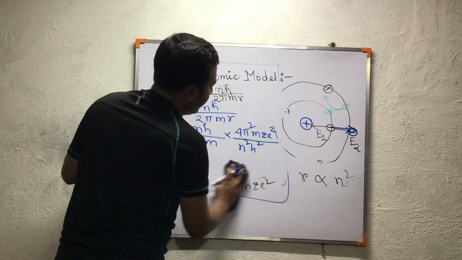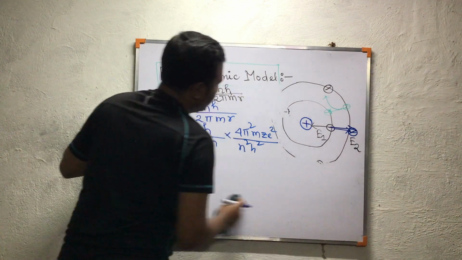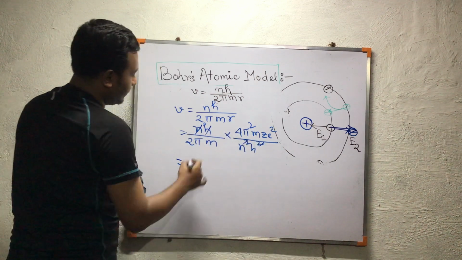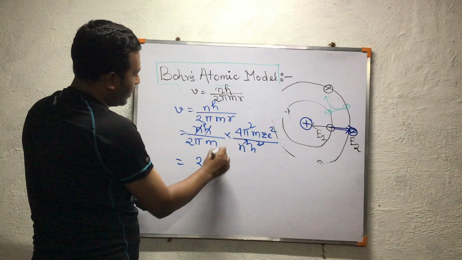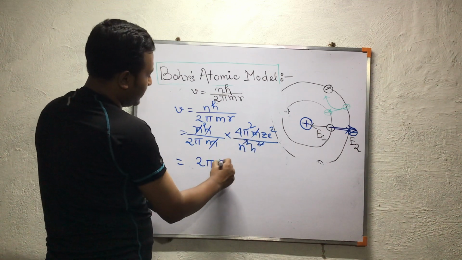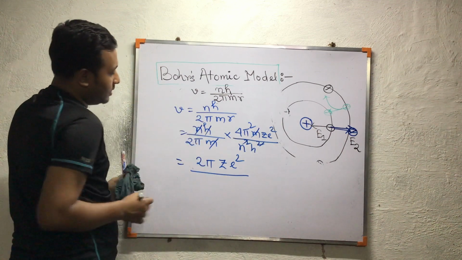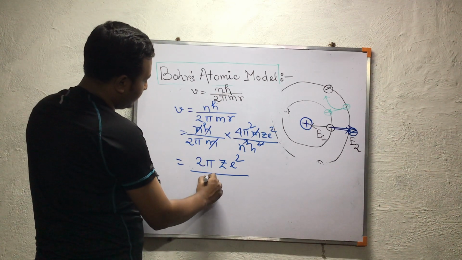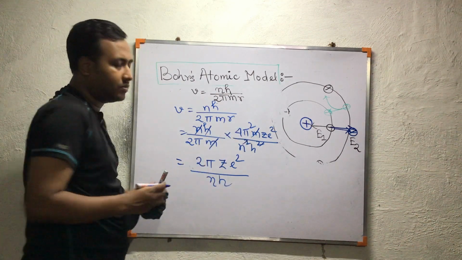If we simplify this equation, we get 2 pi Z e square divided by nh.